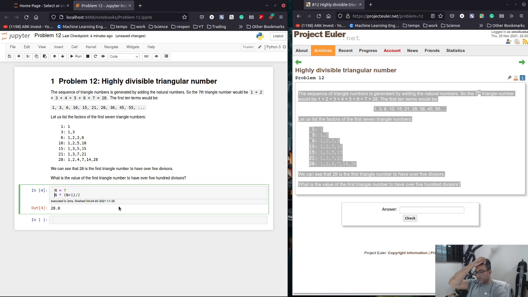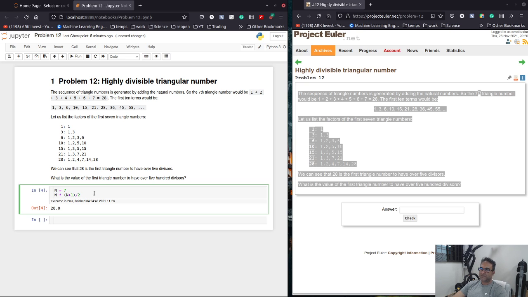So we can find the factors of n, and we can find the factors of n plus 1, and n times n plus 1 will always be even, because either n or n plus 1 is going to be even, and as a result we divide that by 2. So that's okay.